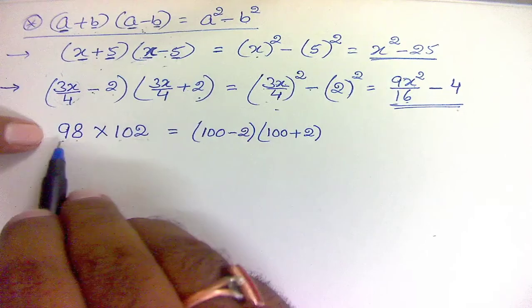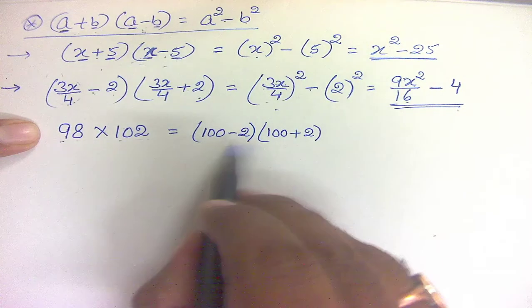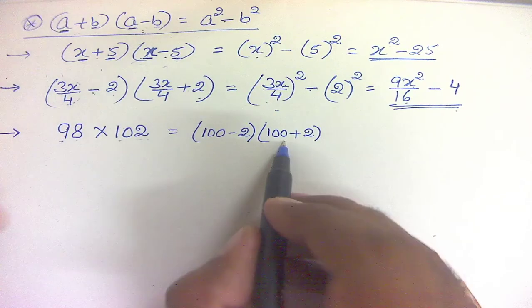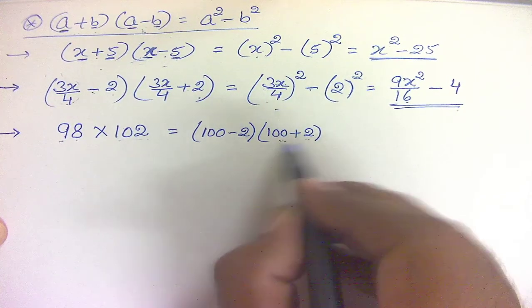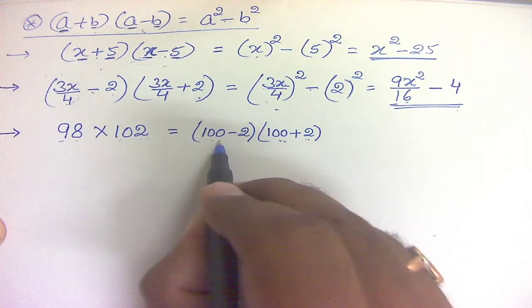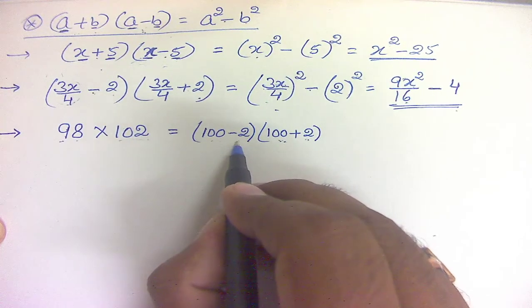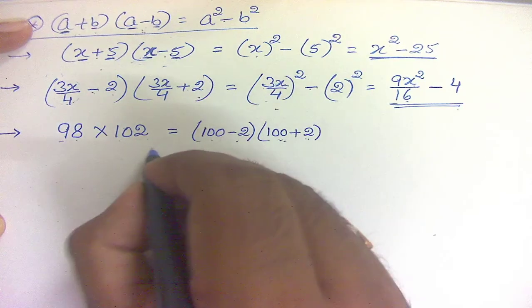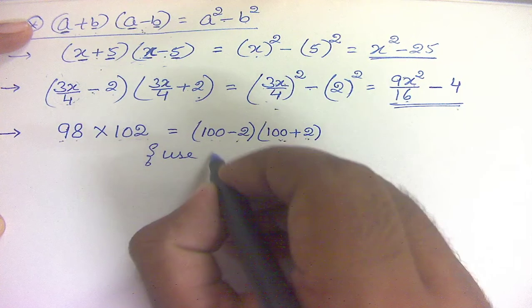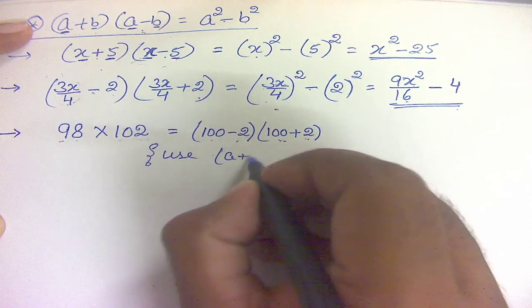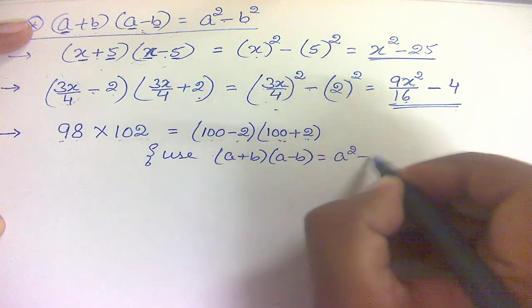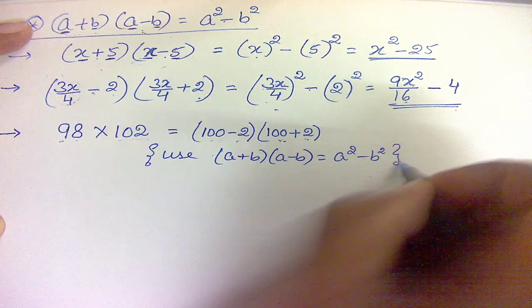So if you can convert the given numbers into this form, this is a plus b, 100 plus 2, and this is a minus b, that is 100 minus 2. Now here you can use the identity, (a plus b) multiply (a minus b) equals a squared minus b squared.